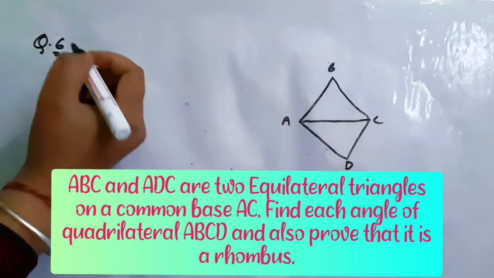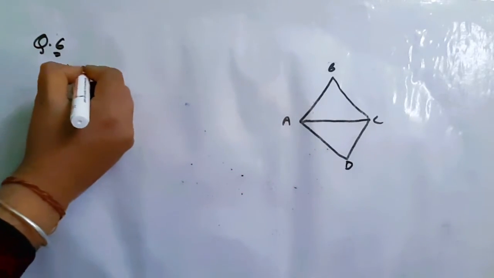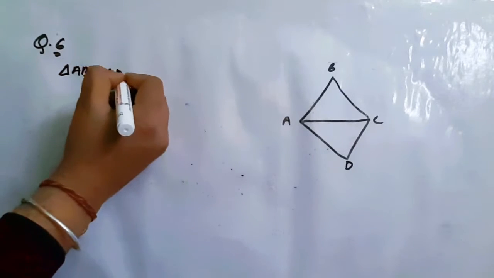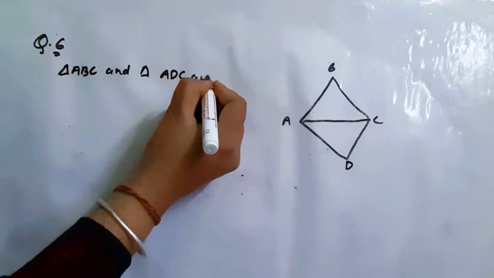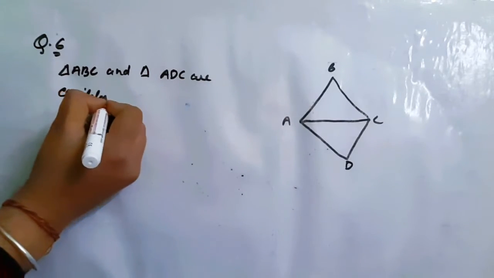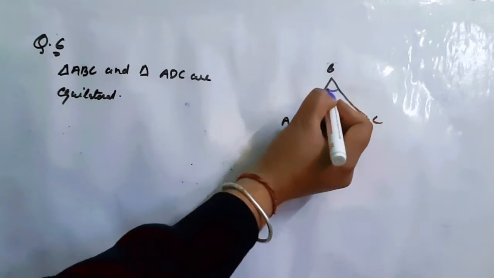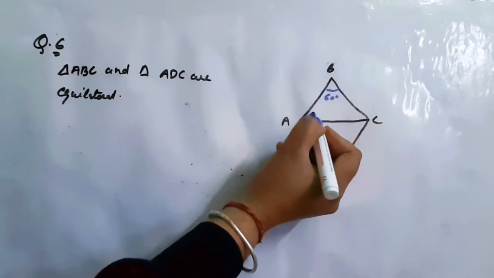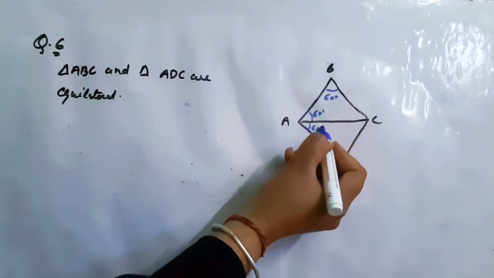So now we know that triangle ABC and triangle ADC are equilateral. If these are equilateral, then you know that each angle of an equilateral triangle is 60 degrees. Each angle will be 60 degrees.